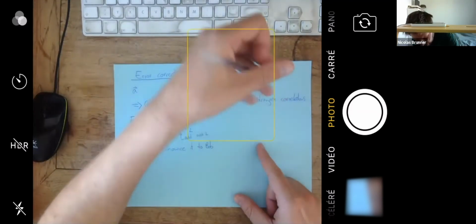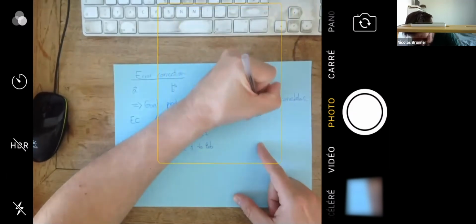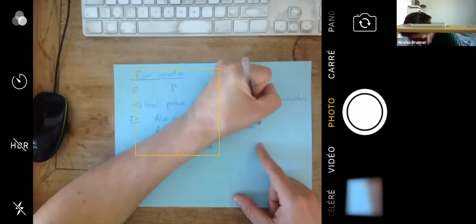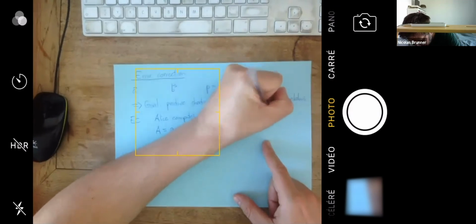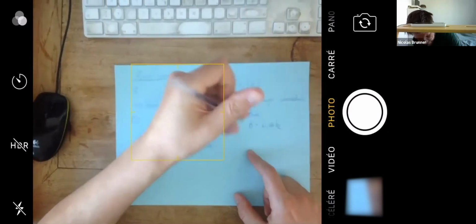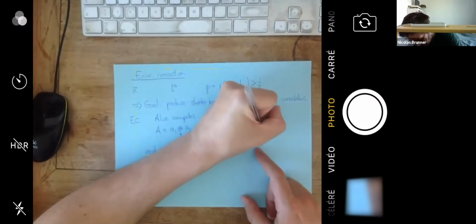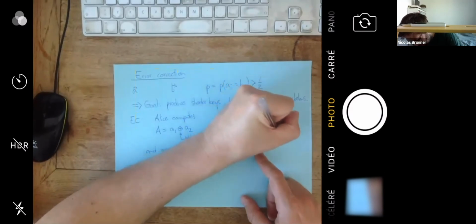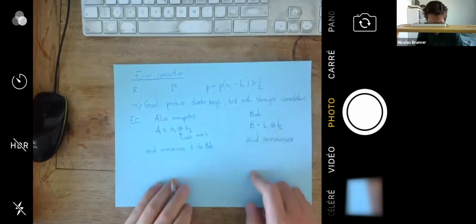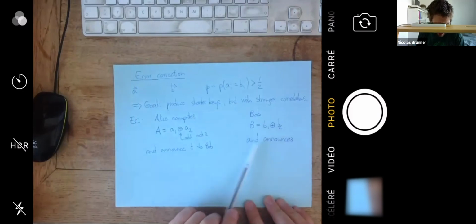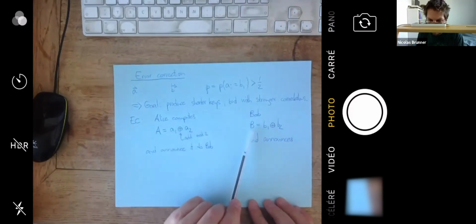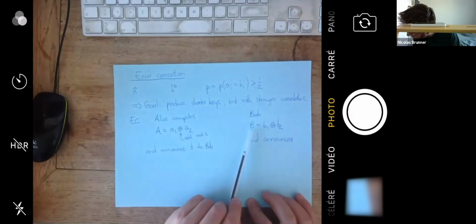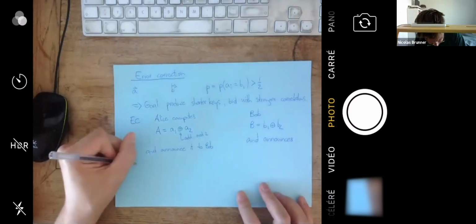In the meantime, Bob does the same: he computes capital B equal B1 plus B2. Or, if you want, he doesn't need to announce, but he can check what A is and tell whether B is the same or not. Here is how it goes.